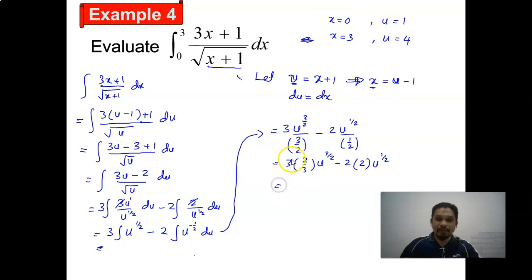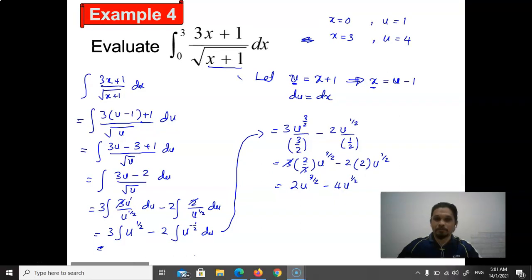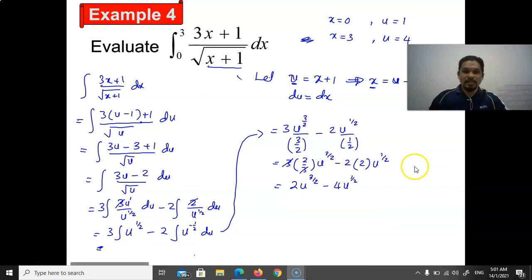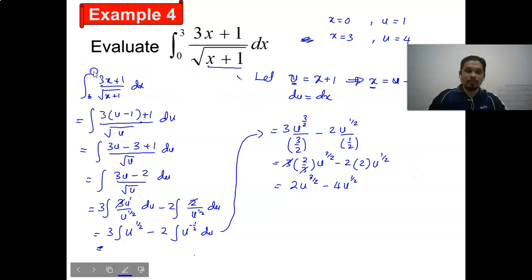Now divide, then you have 2u to the power of 3 over 2, and minus 2 times 2 equals 4u to the power of 1 over 2. Okay, so class, from 0 to 3, we turn it into the value of u, which is 1 until 4.